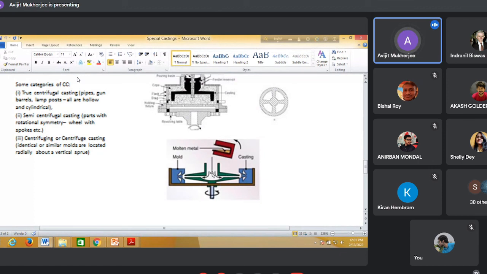By virtue of centrifugal force of attraction, molten metal is forced to enter through various runners, and finally to the cavities. So at a time, number of equal parts are produced. So this is for mass production, and this is automated.